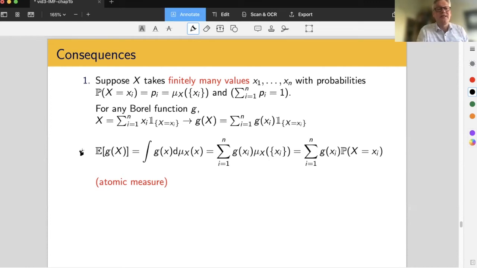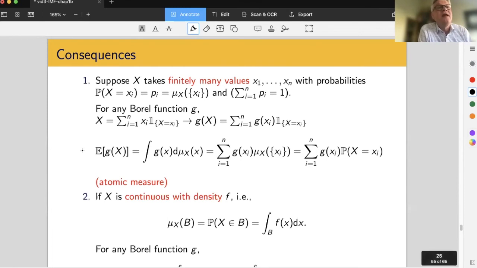Second consequence, second example: if X is continuous with a density f, then μ_X(dx) has a density.